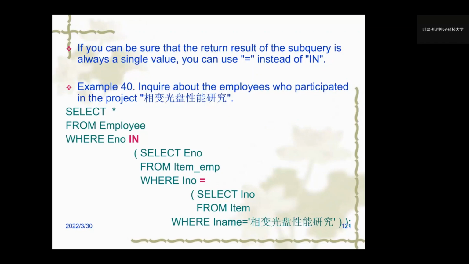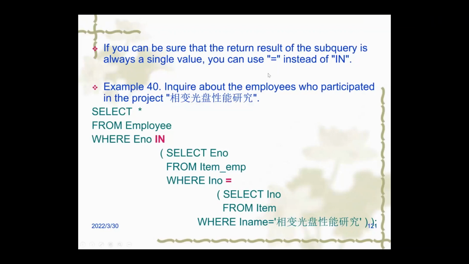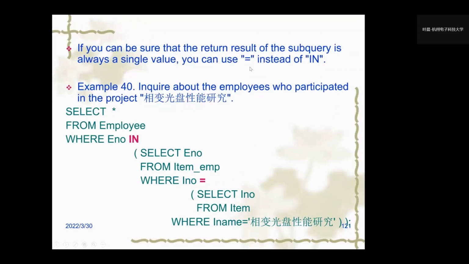So if you always ensure that the subquery will return a single value, then you can use this equal, or you can use smaller than or larger than. Just these comparison operations are okay, because these comparison operations can be used on a single value.